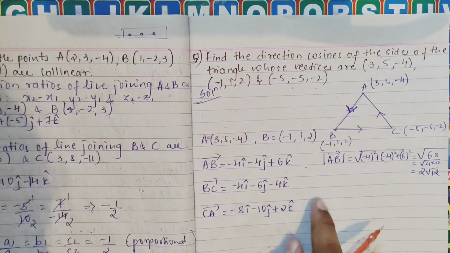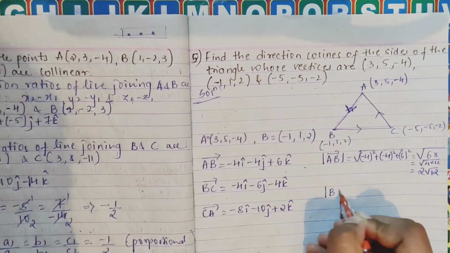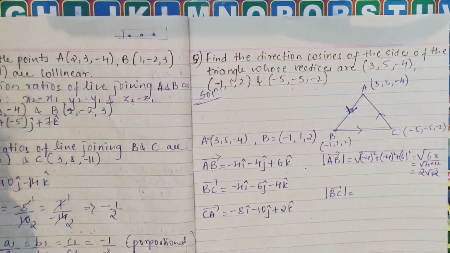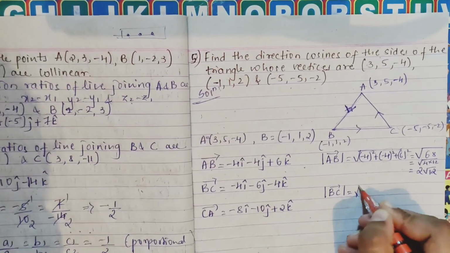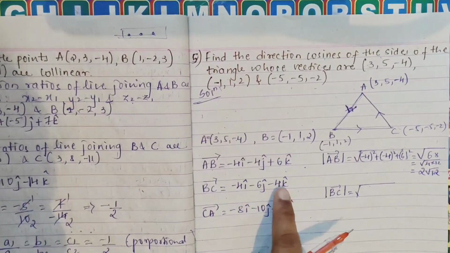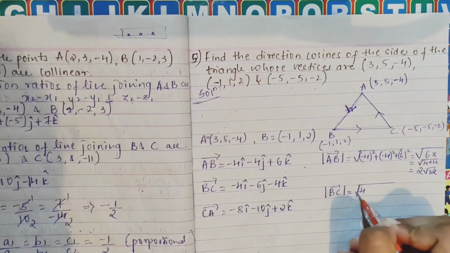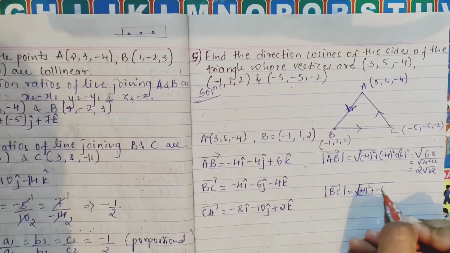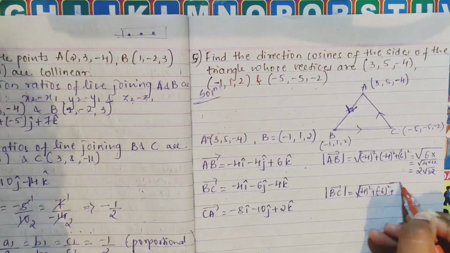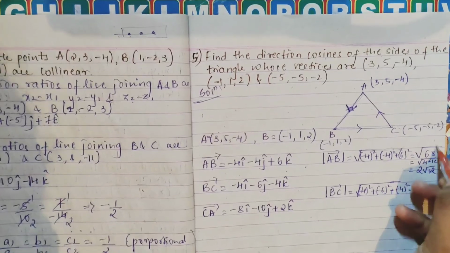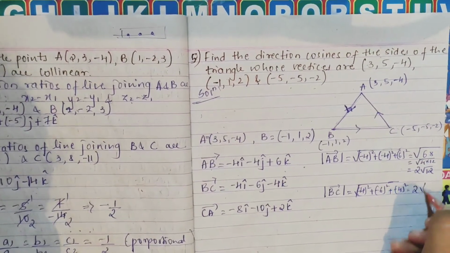In the same way, the magnitude of vector BC: minus 4 square plus minus 6 square plus minus 4 square, you'll get the same, 2 root 17.